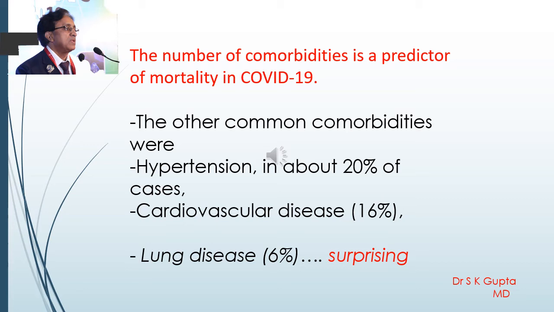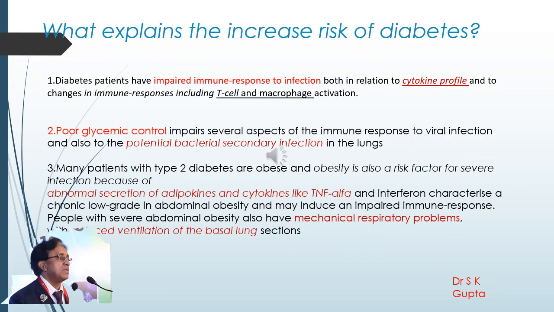And it is surprising because COVID-19 is an acute respiratory illness, and it is expected that the previous comorbidity of chronic lung disorder should predispose to a severe disease, and more cases. This explains the increased risk of diabetics towards a severe disease.